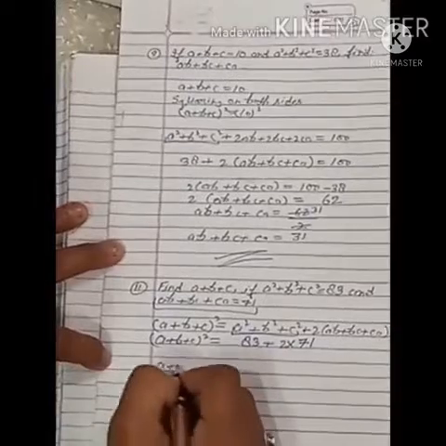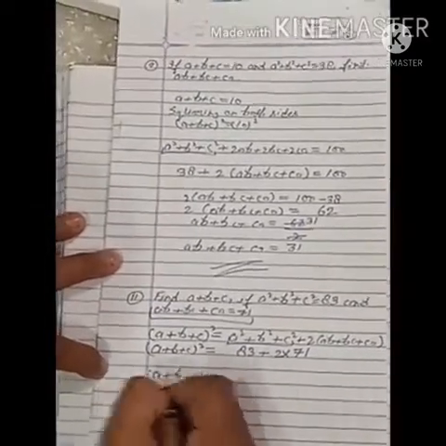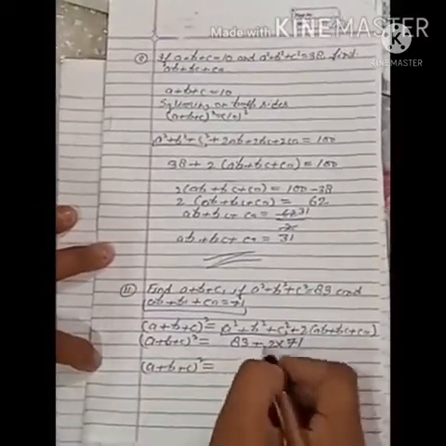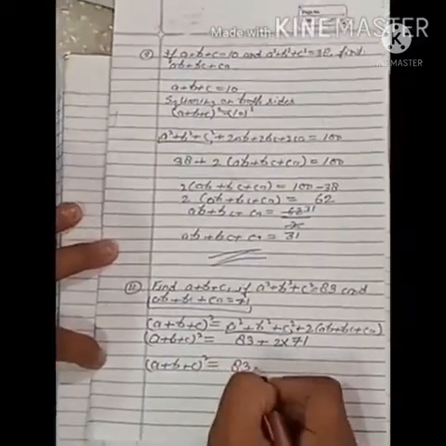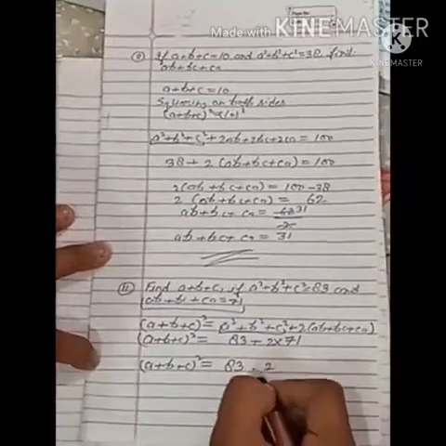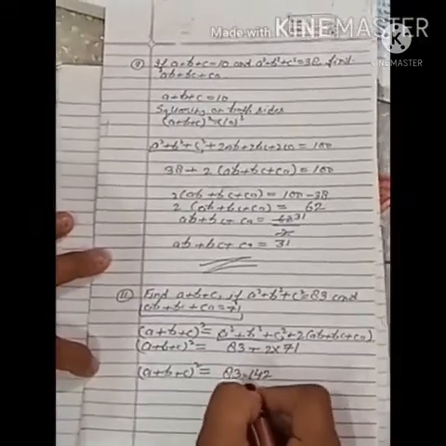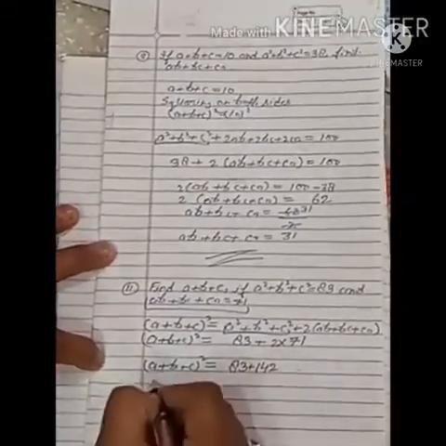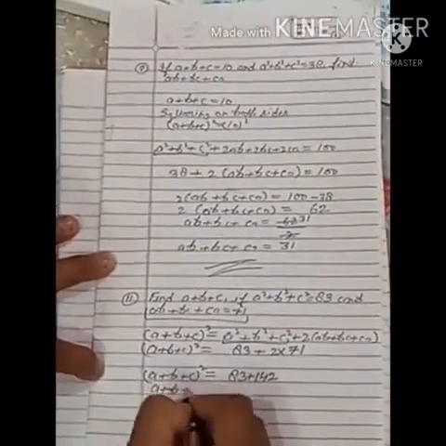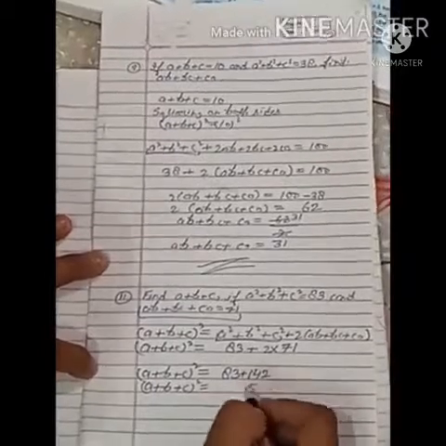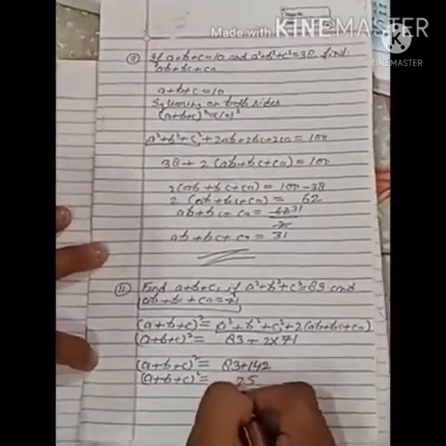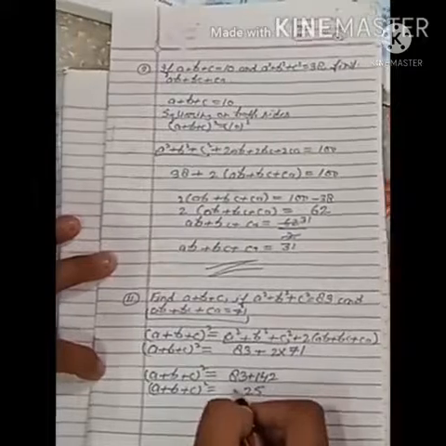So (a + b + c)² is equal to, according to BODMAS, we will solve first the multiplication. So 83, then 2 × 71 is 142. 83 + 142, so (a + b + c)² is equal to 225.